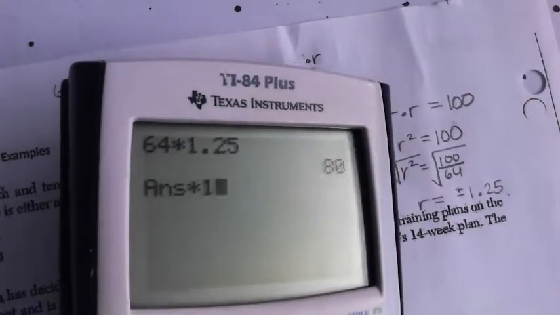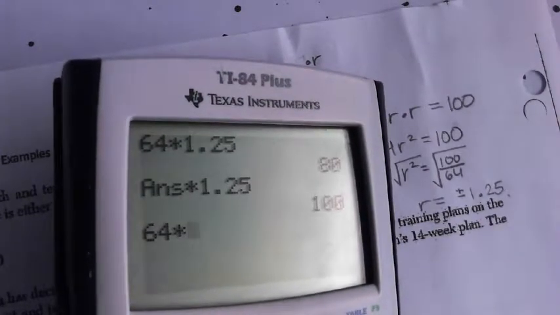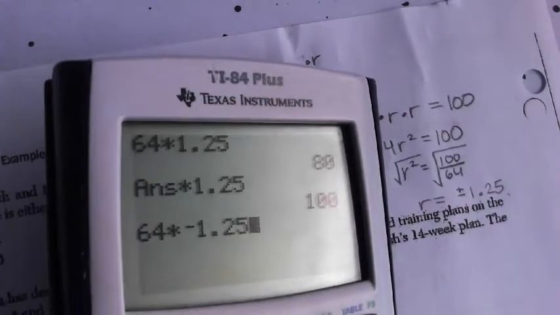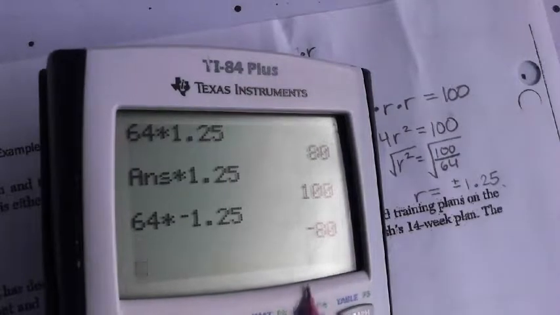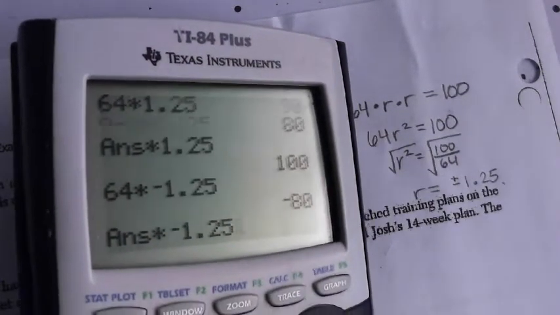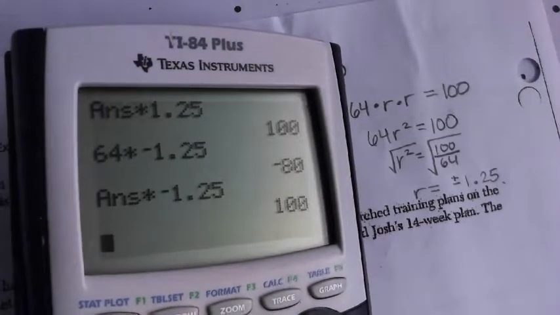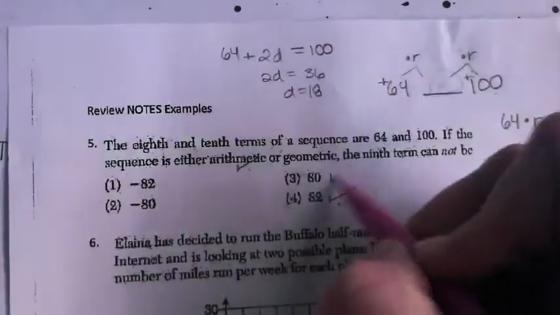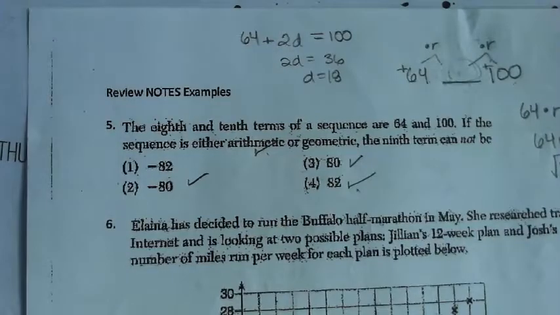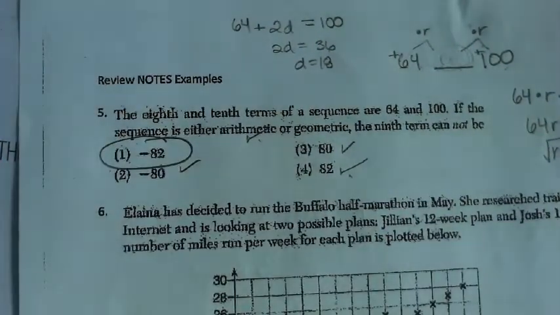And then watch, I multiply by 1.25 again, it gets me to the 100. Or it's possible that r is negative 1.25, which would get me a middle term of negative 80, because if I multiply that by negative 1.25 one more time, it'll still get me to 100, because of the double negative. Do you follow? So 80 and negative 80 are options if it's geometric. So the only one that's not possible is 1.